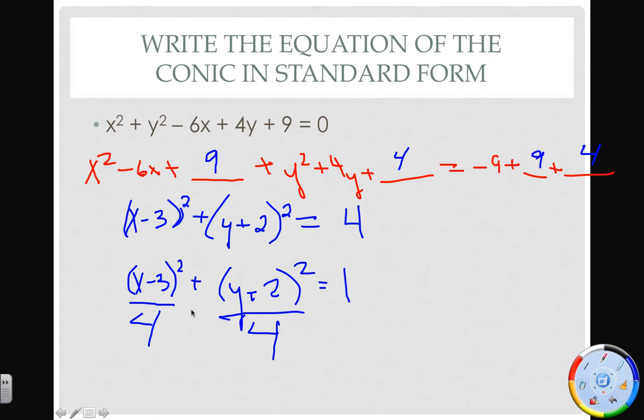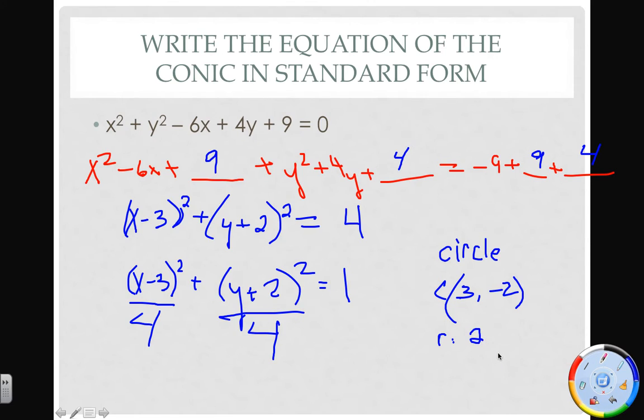In this particular case, since the numbers are the same, this is actually a circle with the center, hope you're following along at the beginning of the PowerPoint, whatever makes this 0 for the x, so 3, and whatever makes this 0 for the y, -2. And my radius, because it's a circle, is the square root of 4, which is 2.